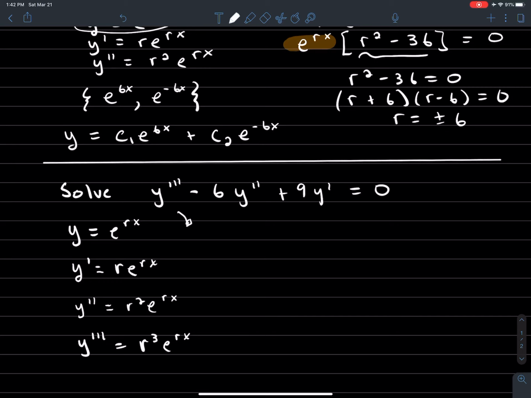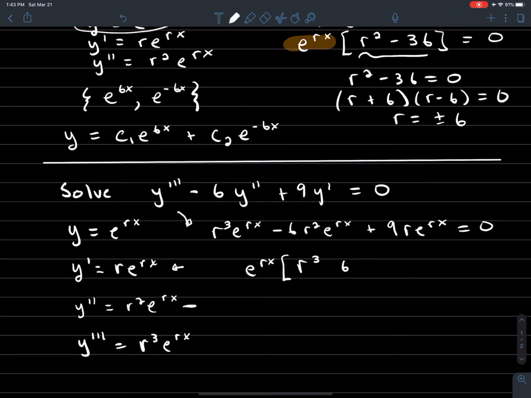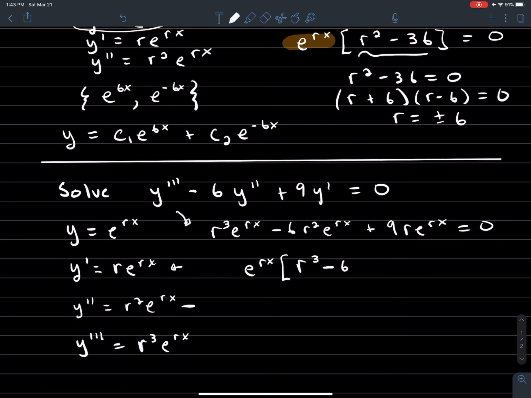So plugging in for the third derivative, r to the third e to the rx minus 6 times my second derivative, r squared e to the rx, plus 9y prime, 9 r e to the rx equals 0. Factor out our e to the rx again. And you get r to the third minus 6r squared plus 9r equals 0.